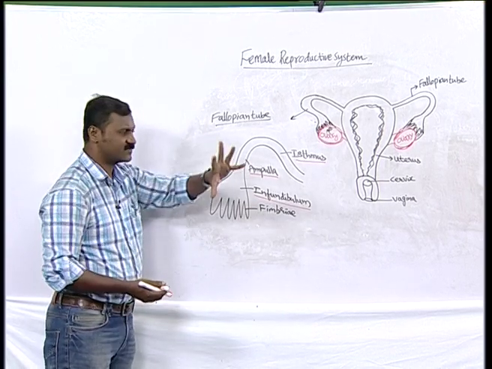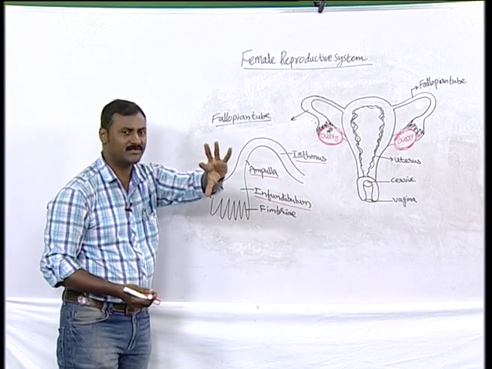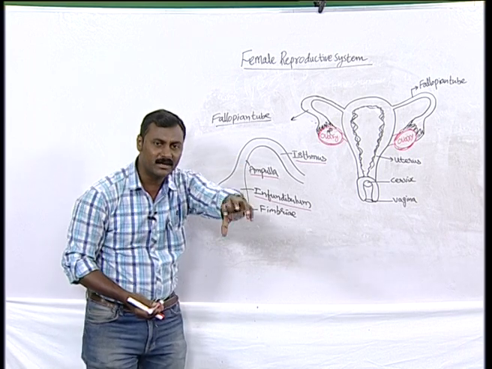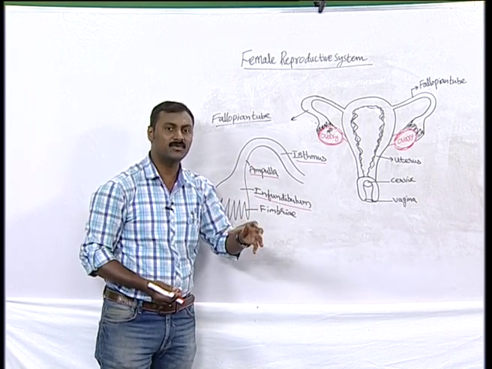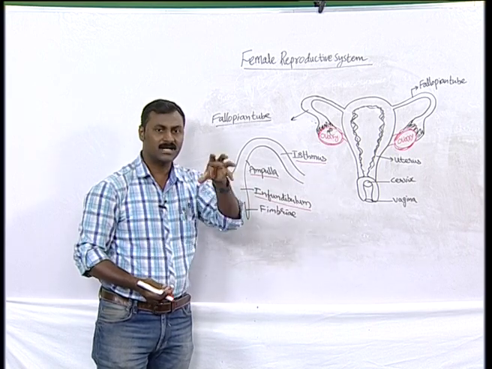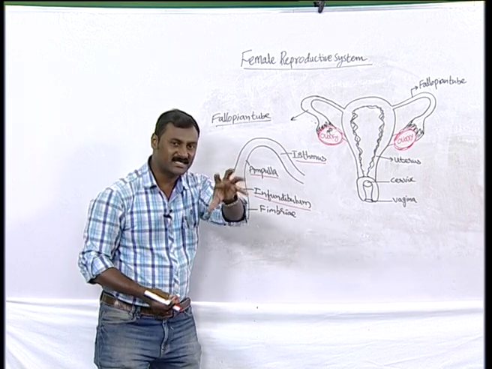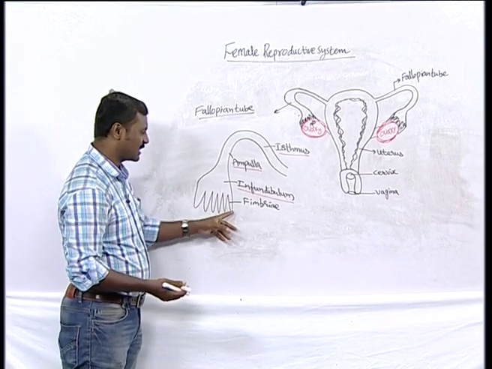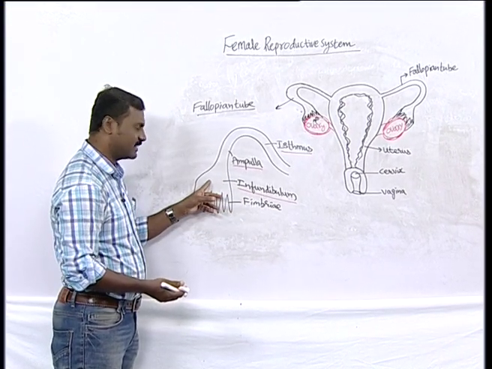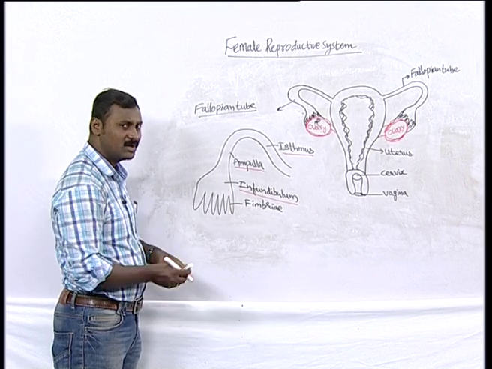What is the use of these finger-like edges? They are called fimbriae. These fimbriae are very useful to capture the secondary oocyte. At the time of ovulation, the secondary oocyte released from the ovary is captured with the help of fimbriae.